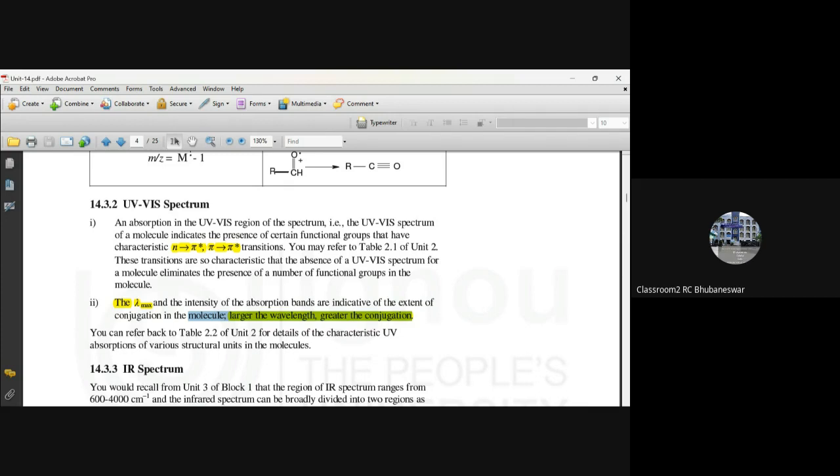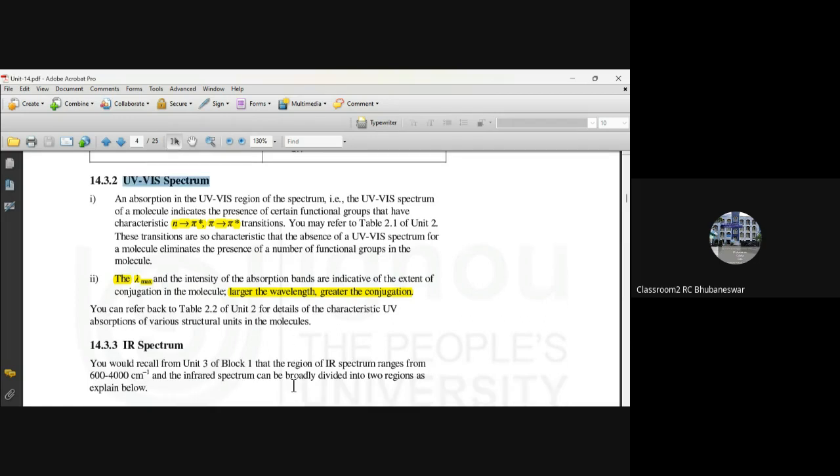As I was telling you just 2 minutes before, these are indications that my molecular species may or may not have some conjugation. This kind of information you can get from the UV visible spectrum.